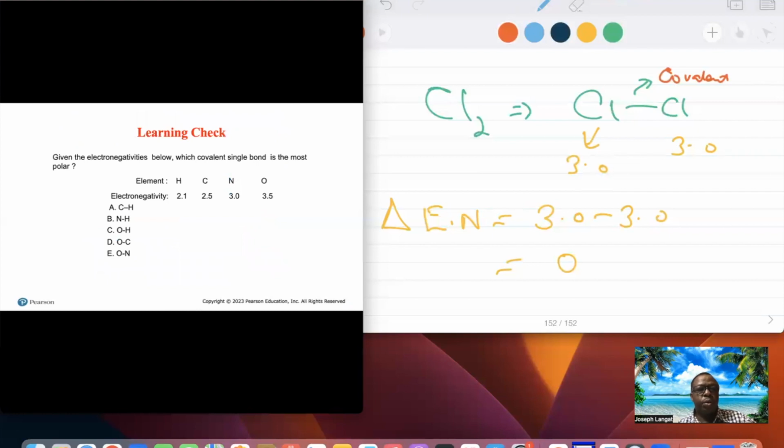Given the electronegativities below for each element, which covalent single bond is the most polar? You need to do the difference.